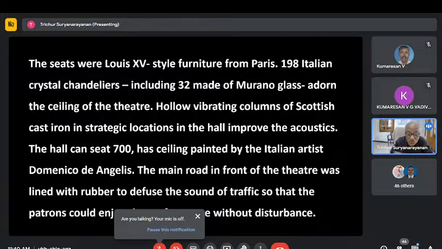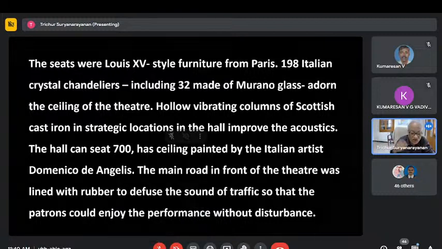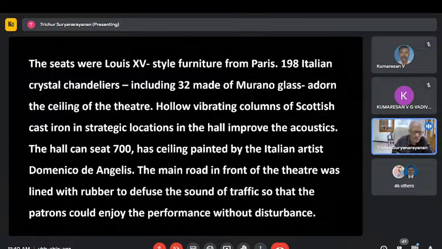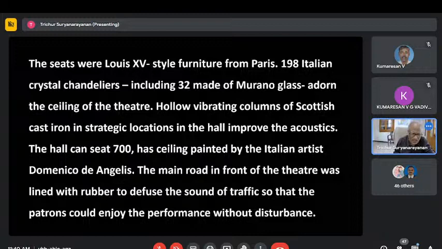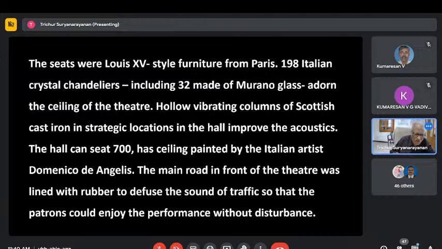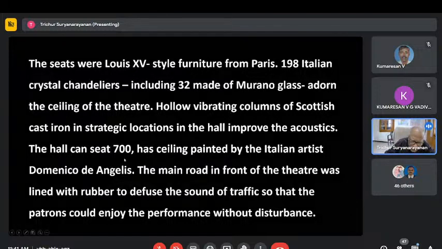And then, to increase the acoustics, the sound waves when somebody is dancing or when there is a drama, how did they do it? They made hollow vibrating pillars from cast iron, which was got from Scotland, and they placed them at different strategic locations in the hall.